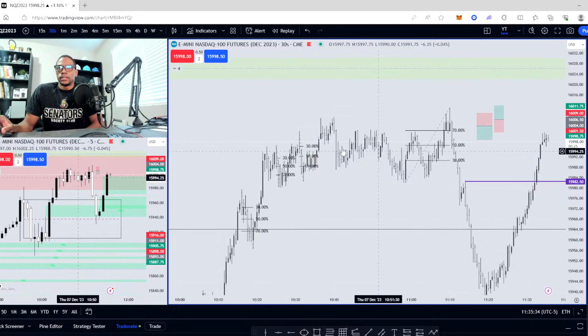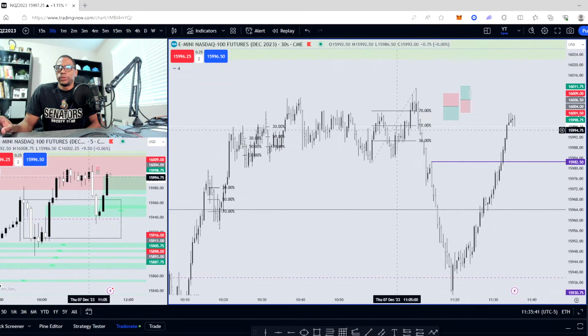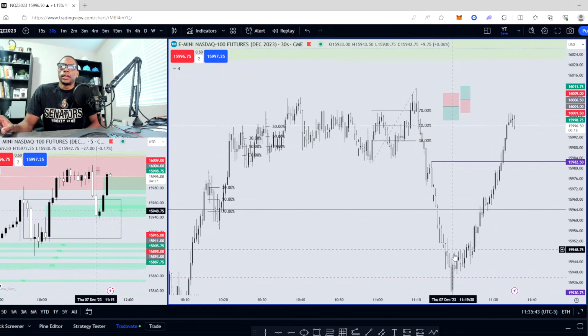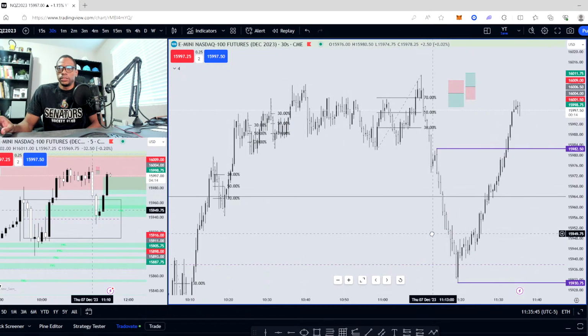Okay, we're back in the consolidation zone. That has been our high of the day. So let's just keep that in mind. The last time it was up in this area, it struggled to make new highs, and then it sold off for a retracement of 60%.